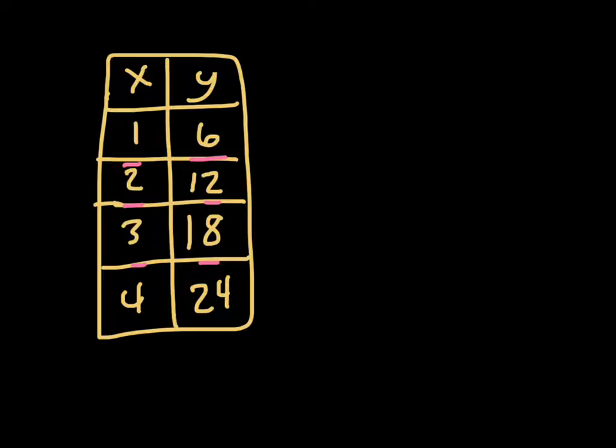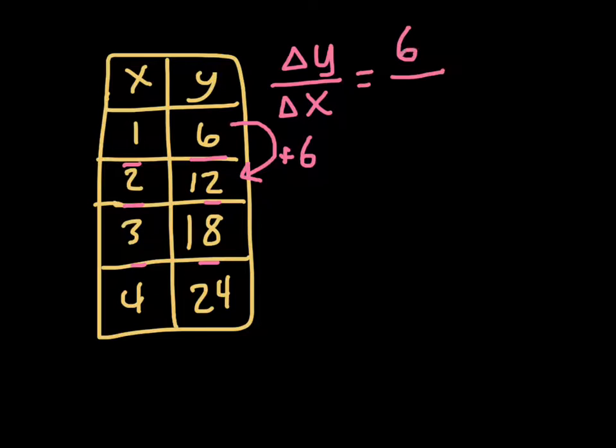And our rate of change is found by looking at the change in, now that's the symbol you're going to use for change in, the change in y over the change in x on my table. So I'm going to start off by looking at the first section down to the second one. My change in y is I increased by 6. So my change in y is 6.